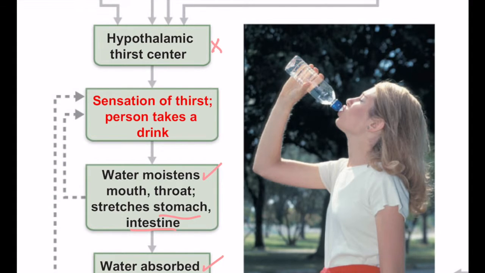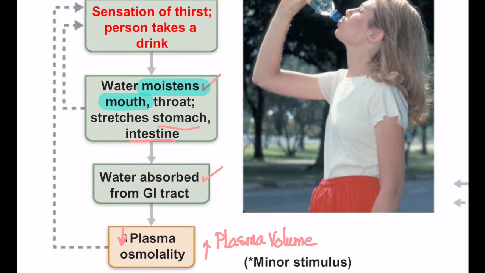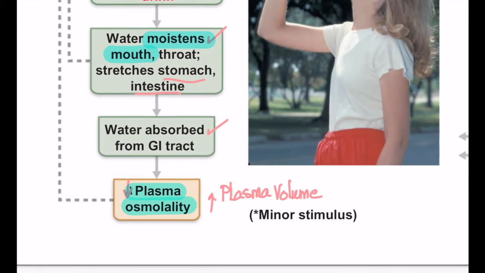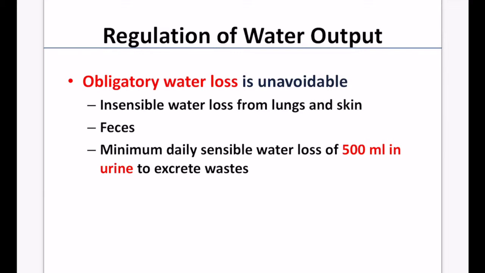So everything that activated the hypothalamic thirst center has now been reduced. First, starting with my dry mouth, I get it moistened. Drop in plasma osmolarity: once I absorb the water, this will decrease, and I will increase my plasma volume also when I absorb the water.